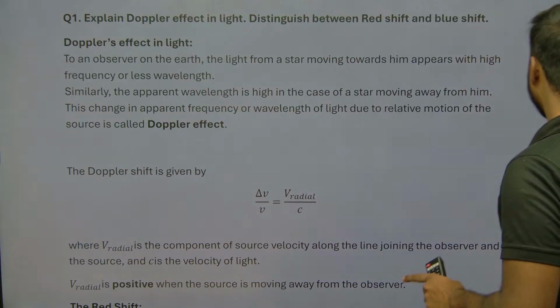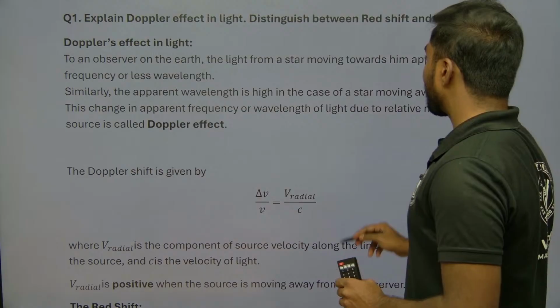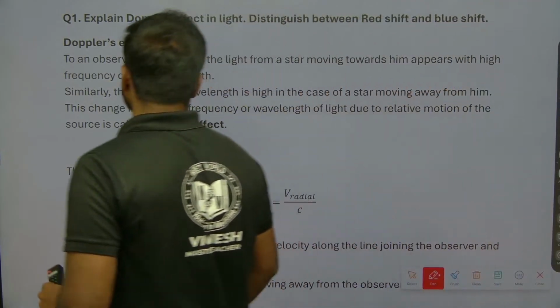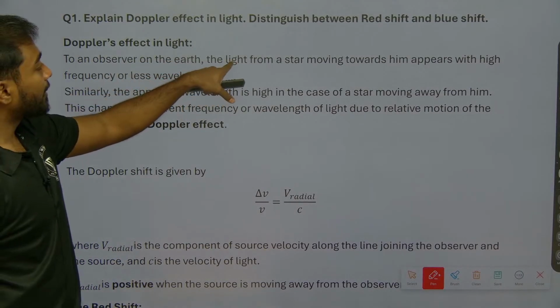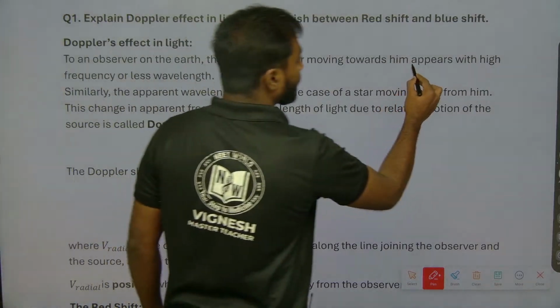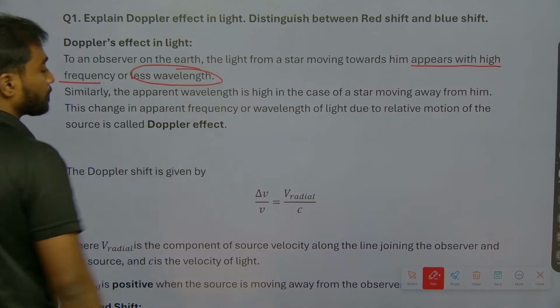From here we can say that frequency and wavelength are inversely proportional to each other.